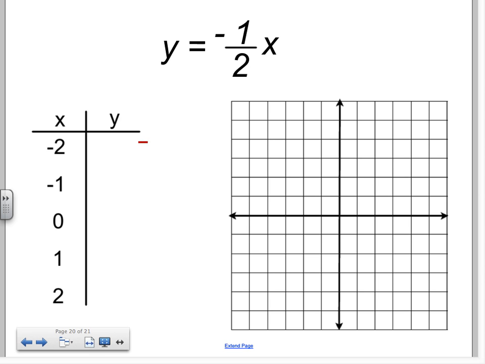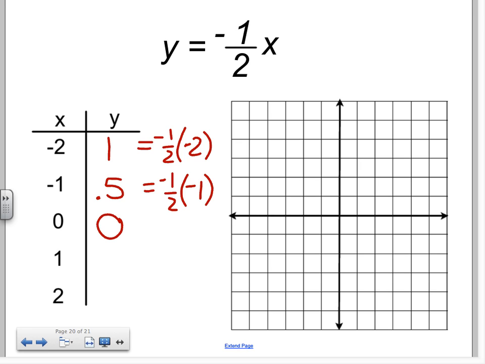All right, so here we have -1/2 times -2. We have -1/2, and we're going to plug in the next x value, which is -1. So negative times a negative is a positive, and what's half of 2? 1. Negative times a negative is a positive, and what's half of 1? Good. What's 0 times anything?